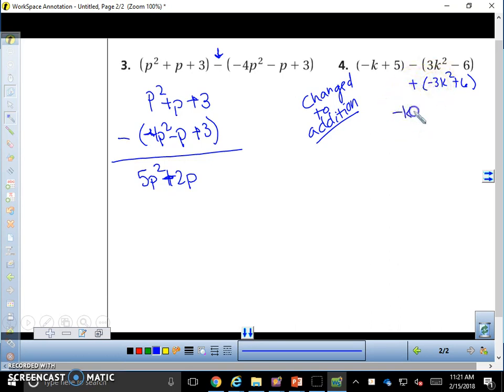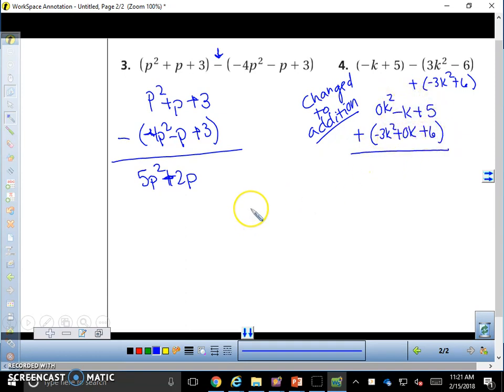So negative k plus 5 plus 3k squared, negative 3k squared, doesn't have anything above it, so we know there's 0k squared in this column. Like term stacked. Okay, there is no k, so I'm going to put plus 0k because there is no k. Plus 6. Like terms, like terms, like terms.